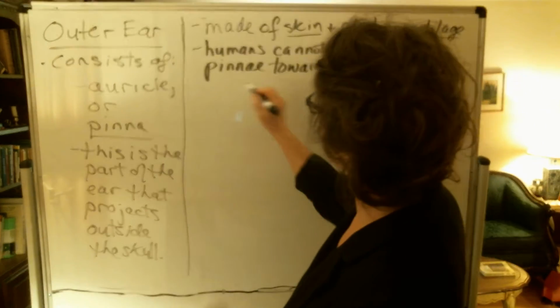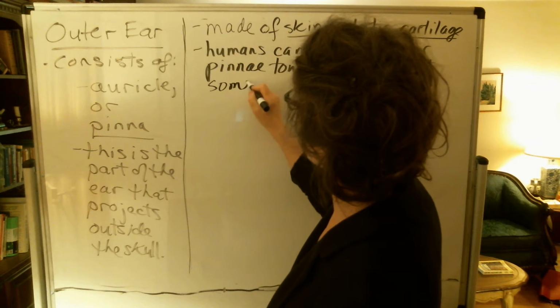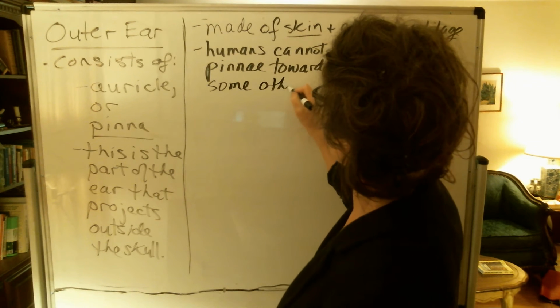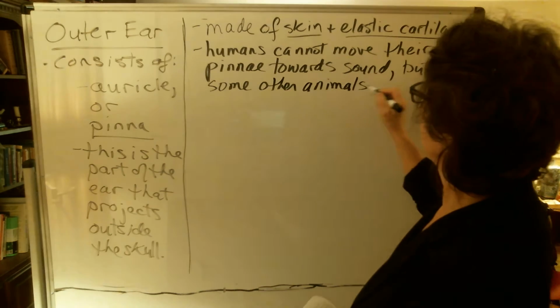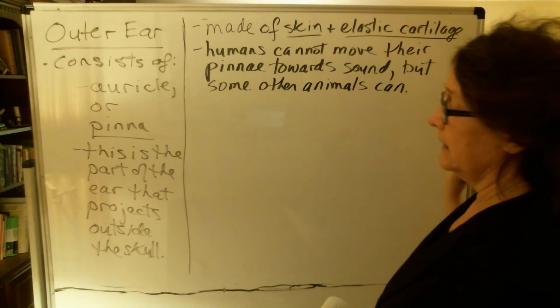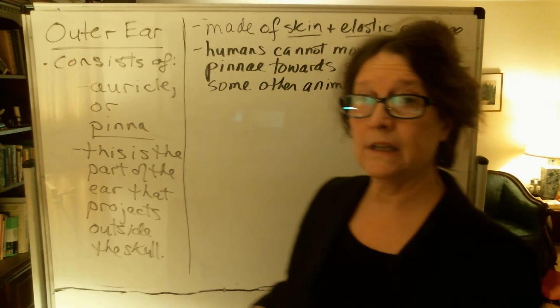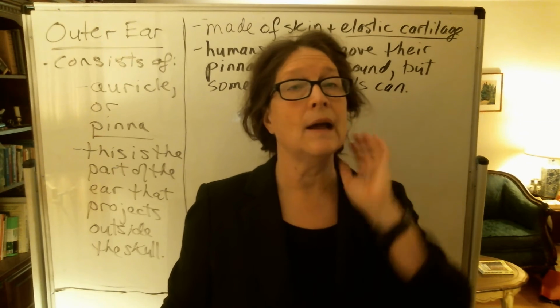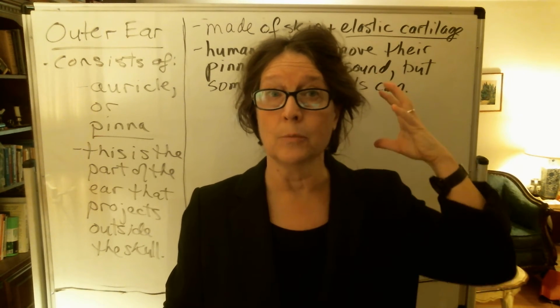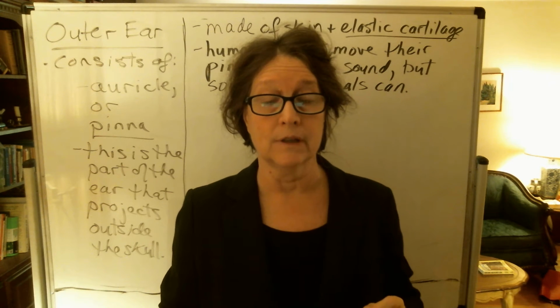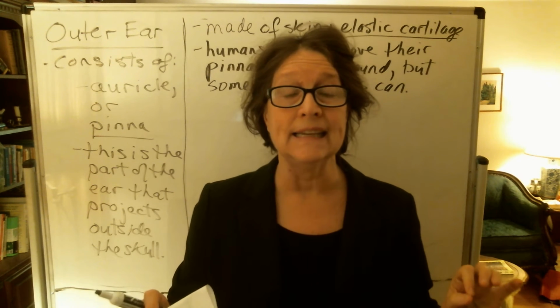But some other animals can. All I'm really saying here is that our pinnae are largely fixed. People can sometimes move them up and down a little bit by moving their scalp muscles, but that's it.